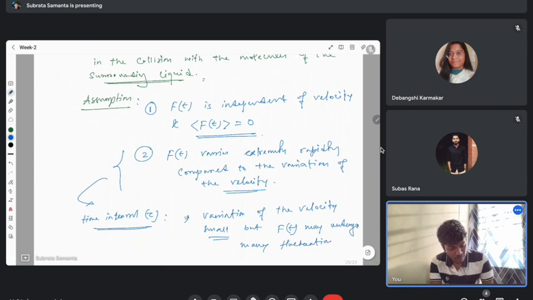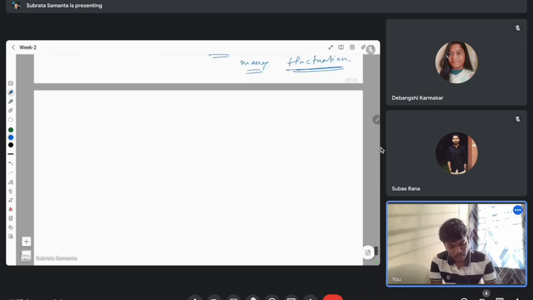So in these time intervals, f(t) may undergo many fluctuations.